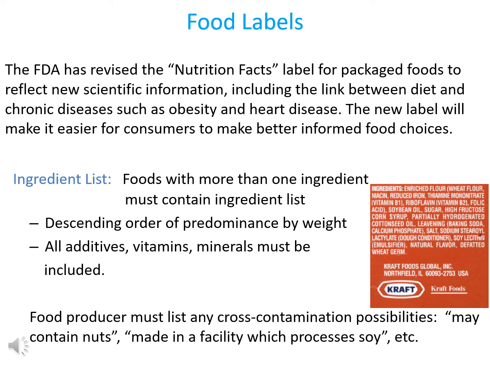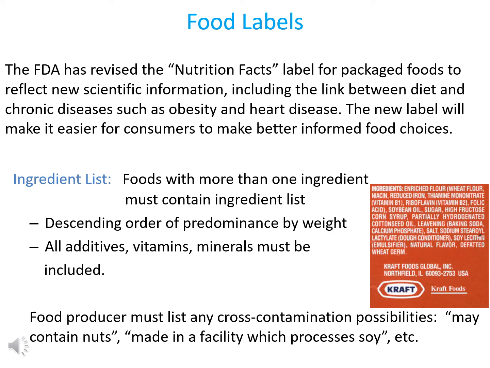Another statement which has to be provided by the food producer is any type of cross-contamination which may be possible. This statement has to include the common allergens that people may come in contact with. These are typically nuts, soy, wheat, milk.